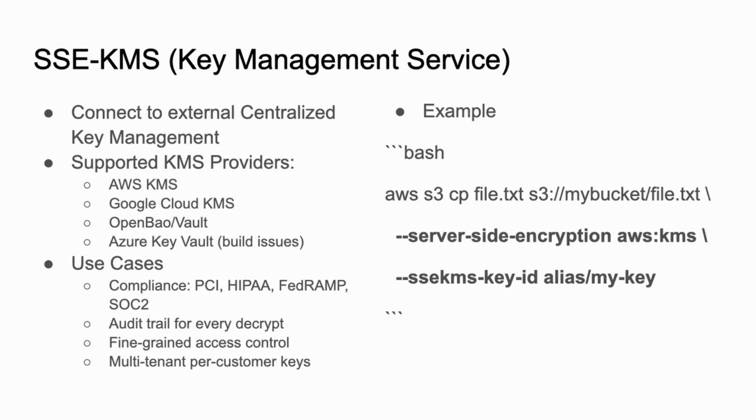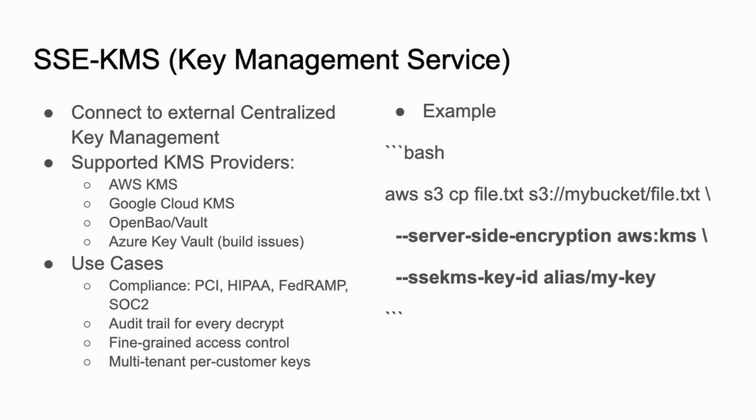The second, a little bit more complicated, is using an external key management system. There are several kinds of KMS providers: AWS, Google, open source ones. The way to use it is you can specify the server-side encryption as AWS KMS, and also the SSE KMS key ID.